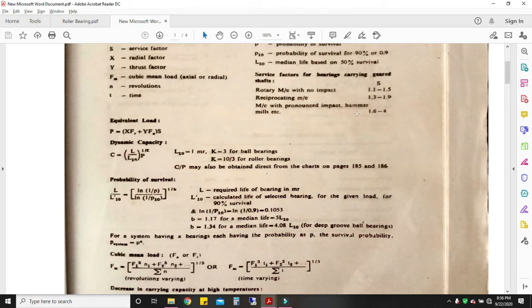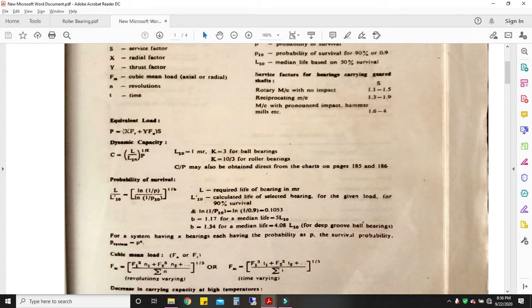In most of the problems, we are dealing with a machine with no impact. That is why in most of the cases, we are going to select the S value as 1.1 to 1.5. In some of the books, in some of the problems, this S value is assumed to be 1.